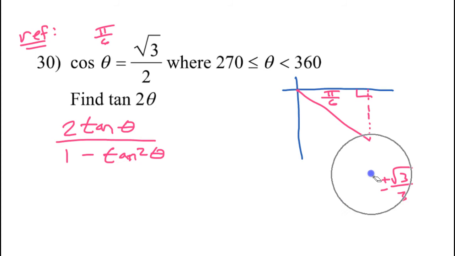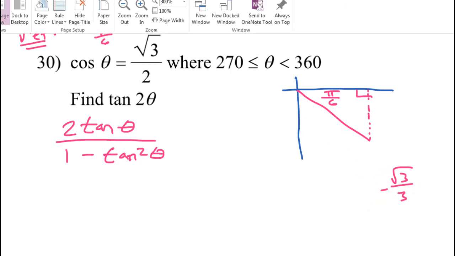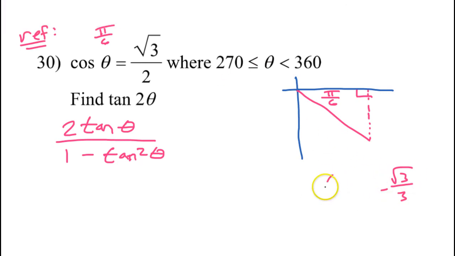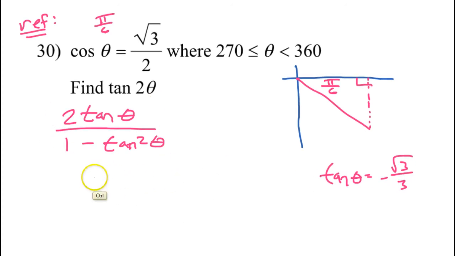Tangent is negative in the second and the fourth quadrant. So I know that tangent of theta is going to be negative radical 3 over 3.